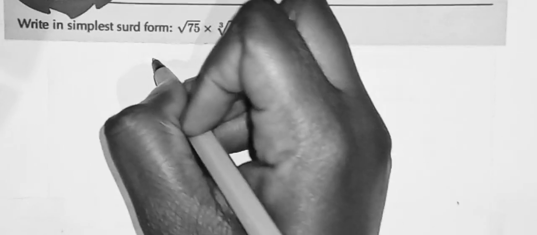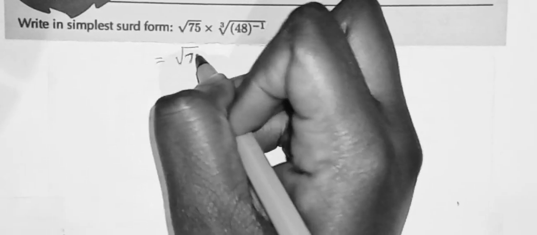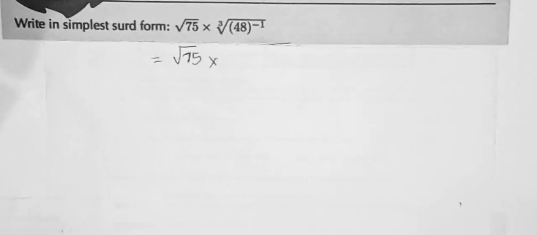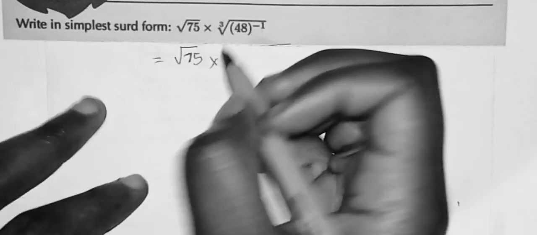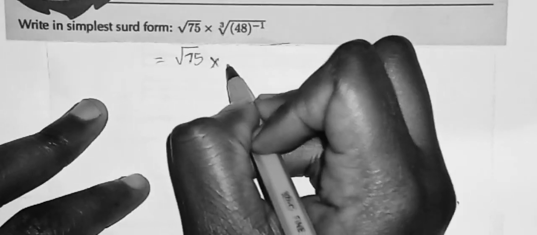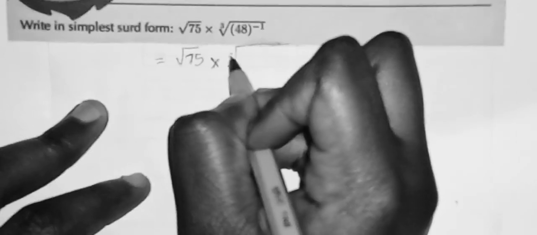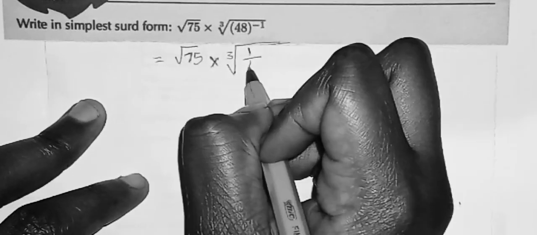In order for you to simplify the surd in a nice way, I copy everything, which equals the square root of 75 times the cube root of 1/48. And then you're done with the first step.